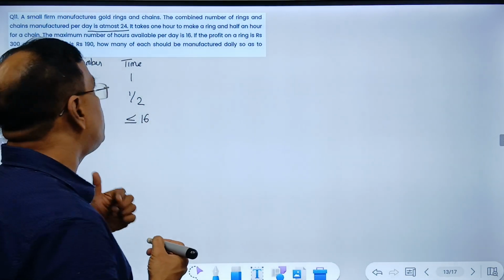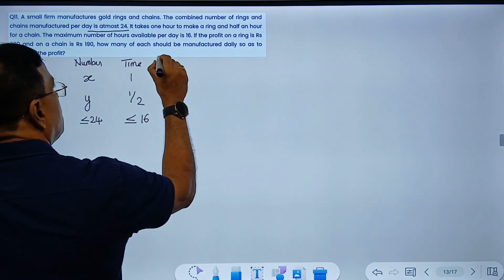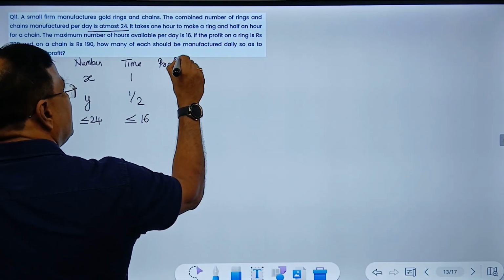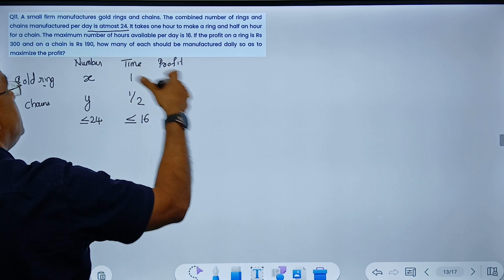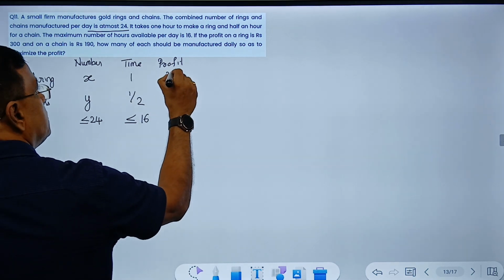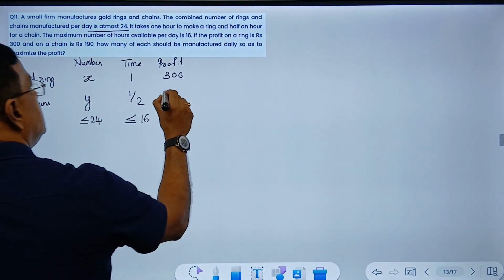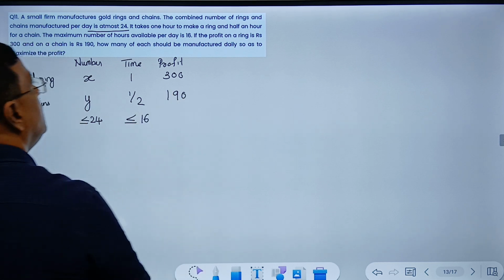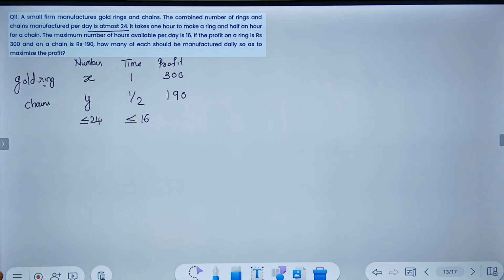The profit on a ring is rupees 300 and on a chain is 190. I just collected all the data and put it in tabular form. How many of each should be manufactured so as to maximize the profit?